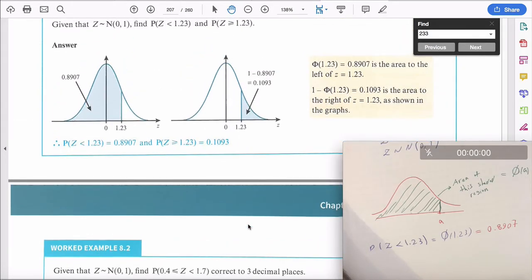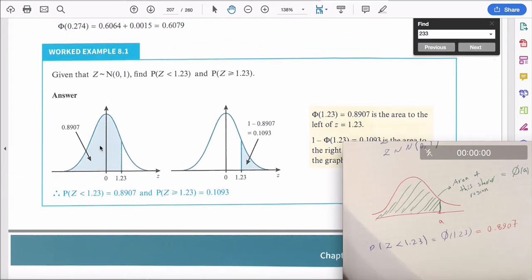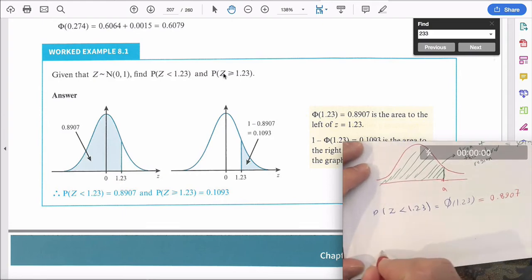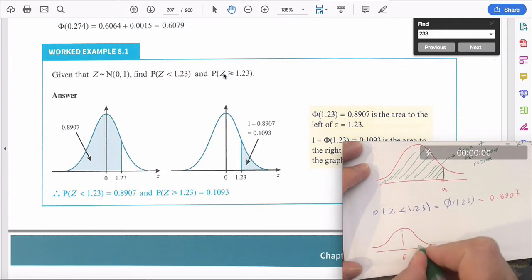Next part wants you to find probability of z greater than 1.23. Let me draw another. It is 0. 1.23 is here again, because 0 is there.